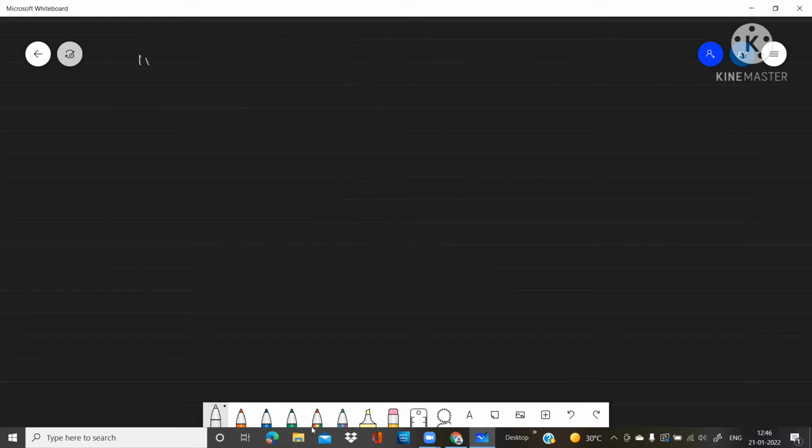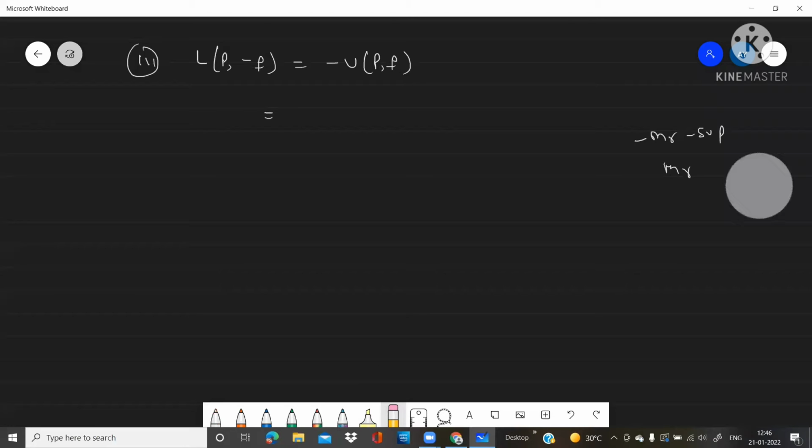Now the third bit is we have to prove L(P, minus F) equals minus U(P, F). How will you solve this? What did I tell you in the previous slide? You have to consider minus Mr as supremum and capital Mr as infimum. Putting minus as it is, we consider the left hand part, that is L(P, minus F).